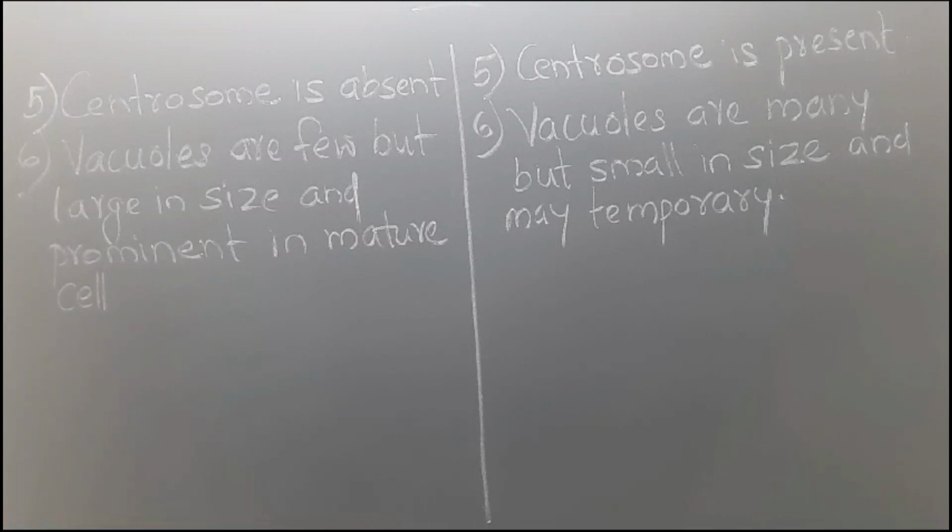Vacuoles are few but large in size and prominent in mature plant cells. Whereas vacuoles are many but small in size and may be temporary in animal cells. These are the main differences between plant cell and animal cells.